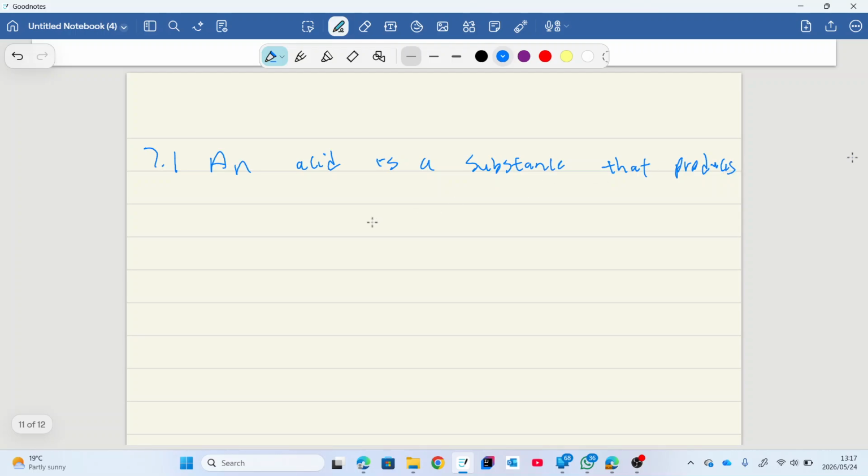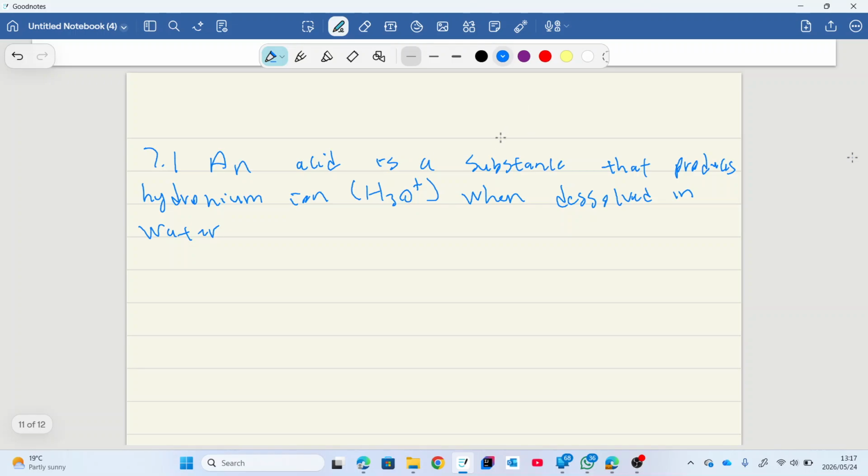produces hydronium ions, H3O+, when the acid is dissolved in water.